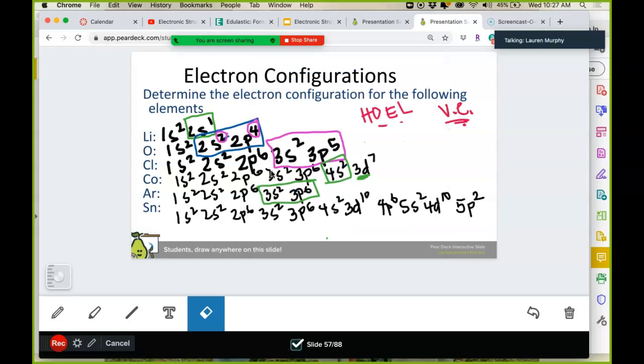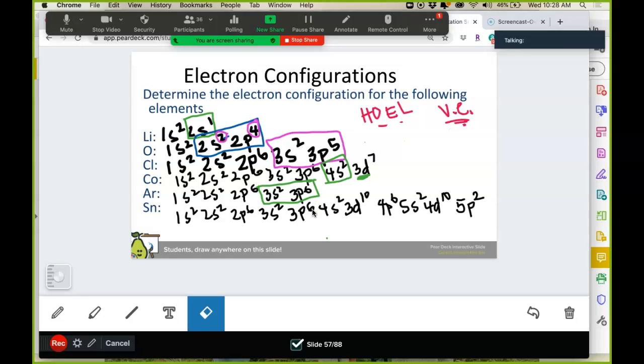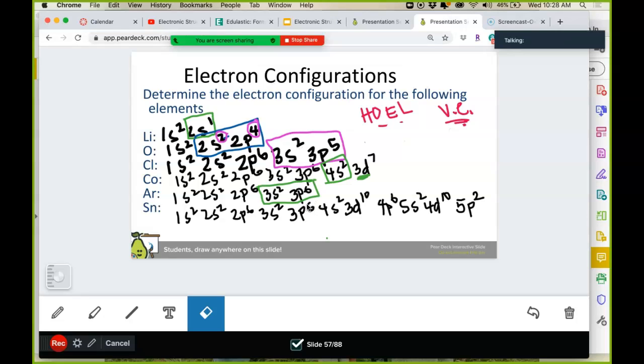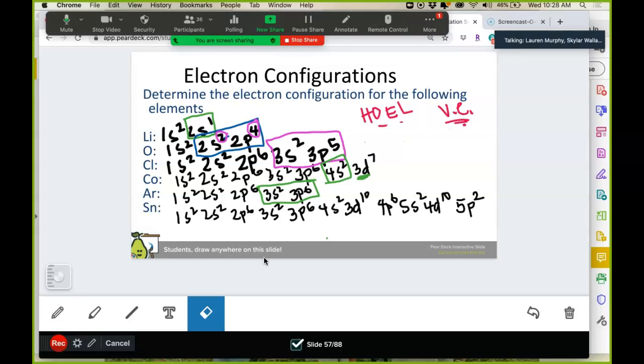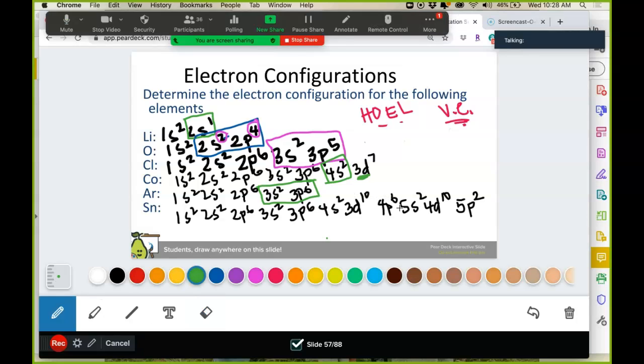Well, tin is not a nonmetal, but it is in a family with some nonmetals. But like who? What elements? Carbon. Silicon's another, right? How many valence electrons do we know carbon has? 4, right? The whole carbon family has 4.